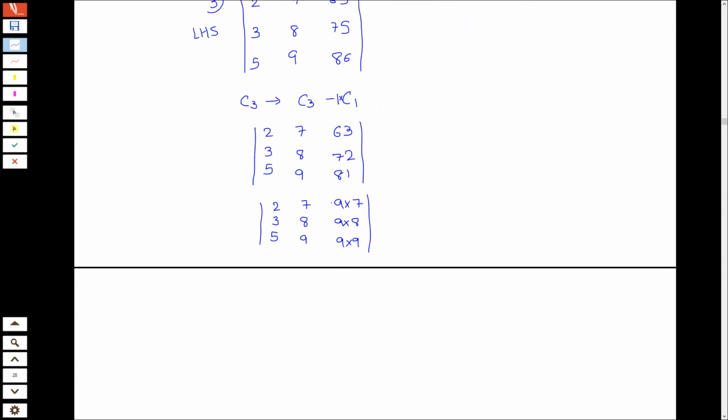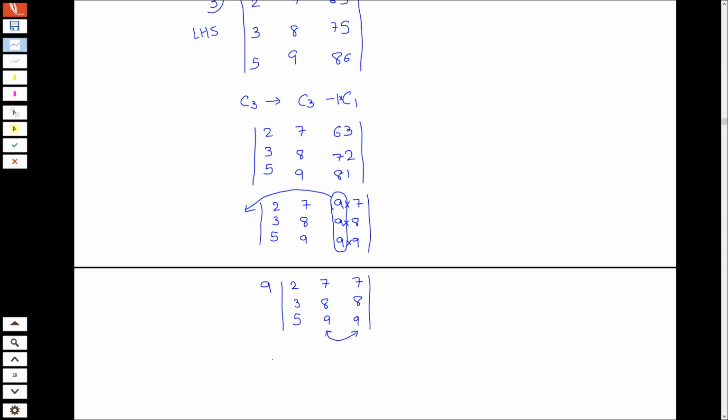So in the next step, look here, I have all these multiples of 9. तो उसको बाहर में common निकाल सकता हूँ because we know this is one of the property. So I have 2, 3, 5. Second column is 7, 8, 9. And third column is also 7, 8, 9. So are you able to observe some magic happening here?